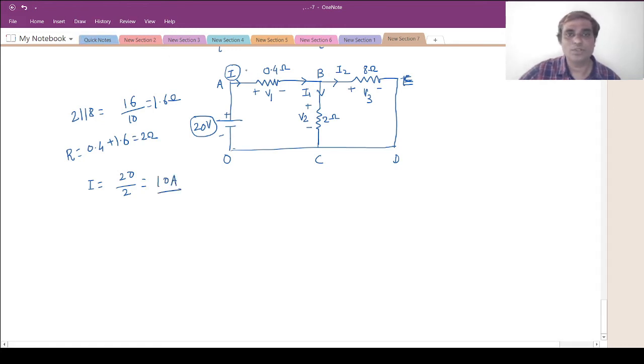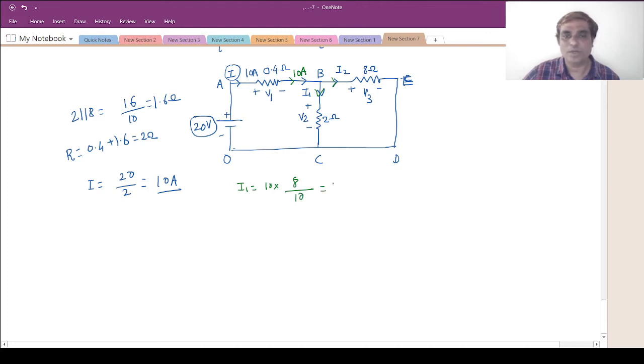Now I know this 10 ampere current is flowing through this branch. This current will definitely divide into two branches, one this and the second this. Let me calculate the value of I1. I can use the current division rule here. I need the total current, which is 10 ampere flowing here. So it will be 10 into the opposite resistance, which is 8, divided by the sum of resistances, that is 2 plus 8, which is 10.